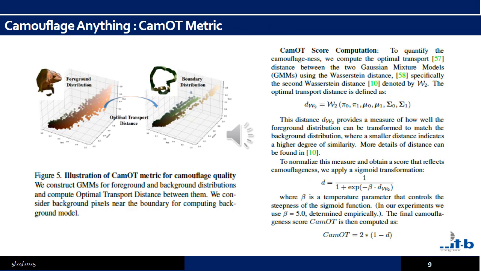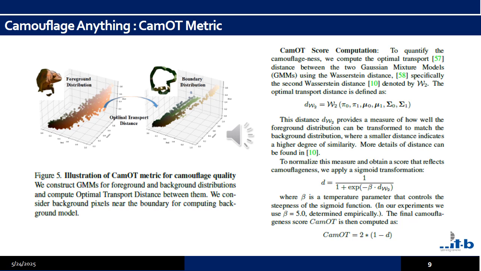In this slide, we give mathematical details of the CAMOTI metric, where we expand CAMOTI to camouflaged optimal transport metric. We have given the illustration of the metric, where we construct two Gaussian mixture models for foreground and background and compute the optimal transport distance between them.